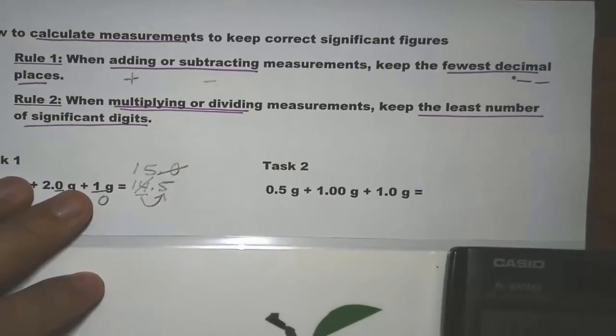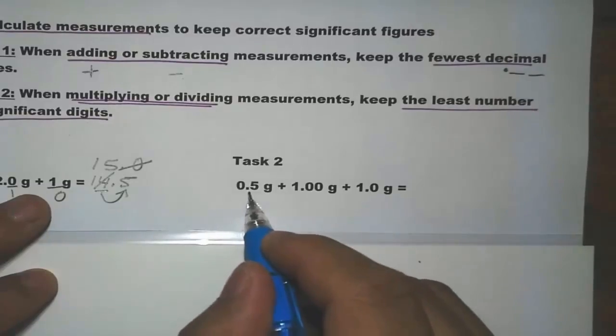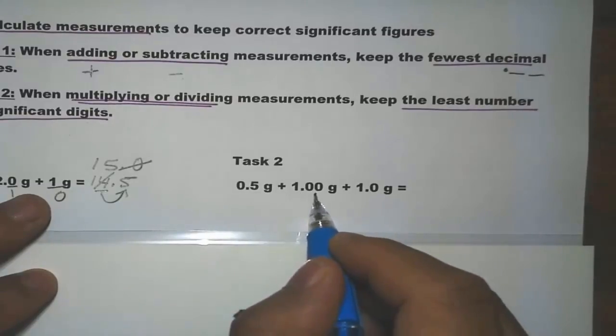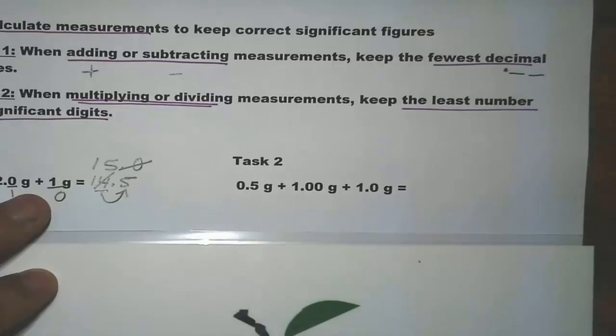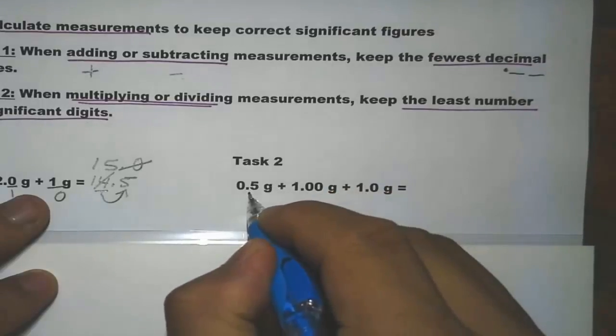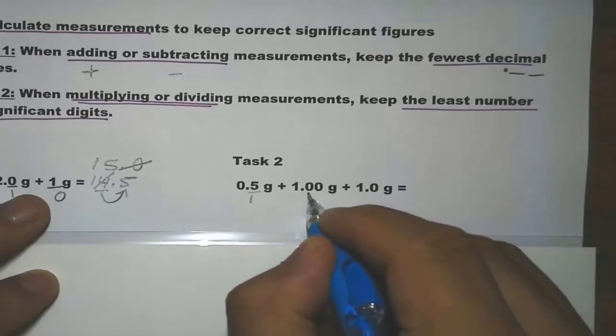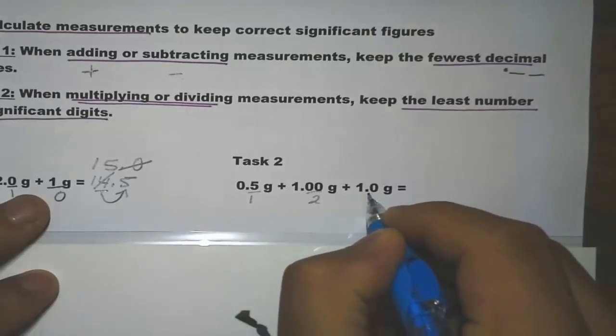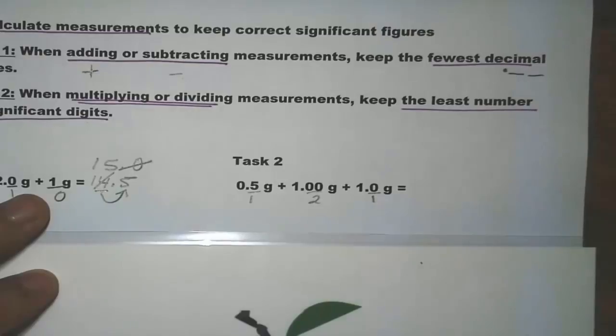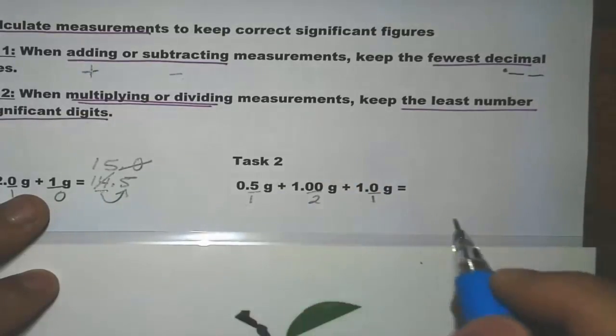Let's try another example. Here I have 0.5 plus 1.00 plus 1.0. Notice this case is also addition. We have 1 decimal place, we have 2 decimal places, and we have 1 decimal place. And what is the lowest number of decimal places that we have? Of course it's 1.